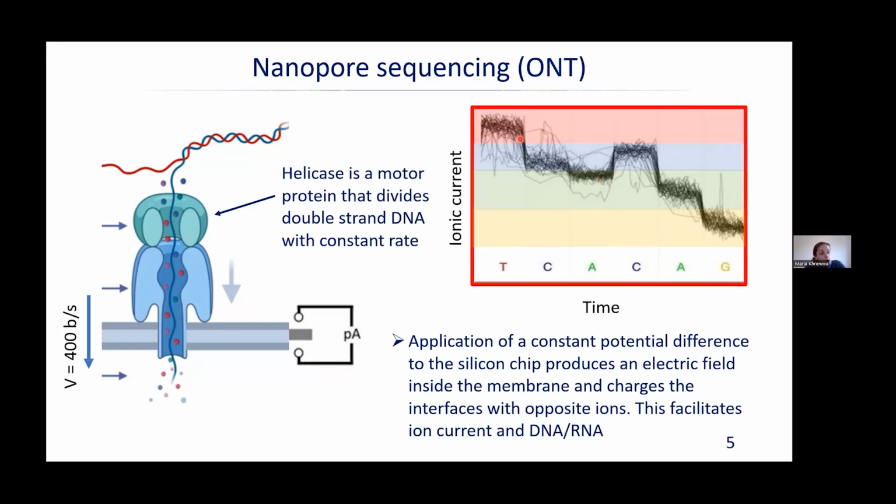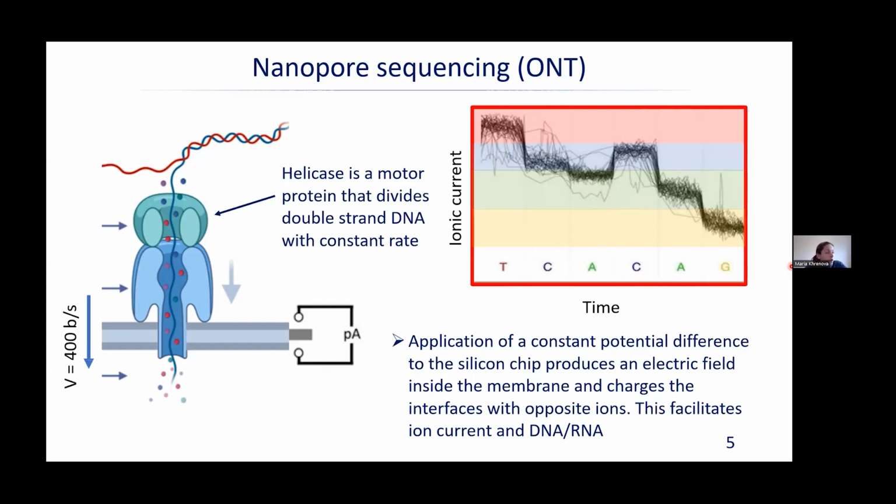So if you have this time dependence of the ionic current, you can convert it to the sequence of bases. Here, for example, currents in the red region are thymines, in the blue region cytosines, and green and yellow correspond to A and G respectively.